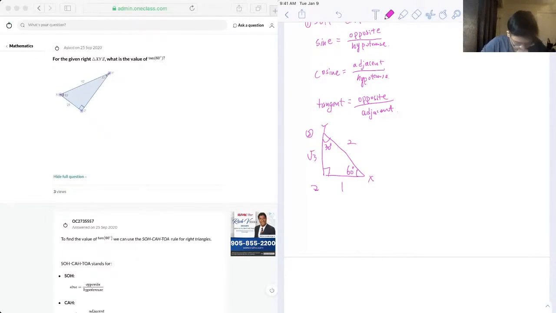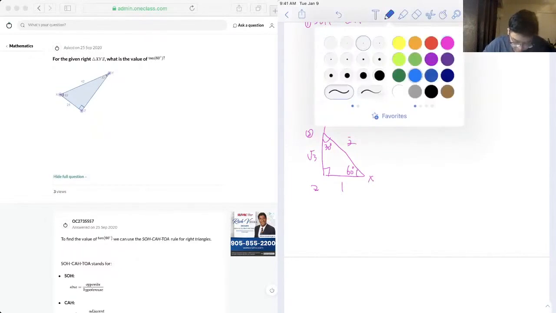Remember, as long as it has a 30-degree angle, a 60-degree angle, and a 90-degree angle, its hypotenuse is always 2, and the two other sides will be √3 and 1. And note that we can always multiply each side by some number, while the right triangle maintains the same property, which means it maintains the same angles.